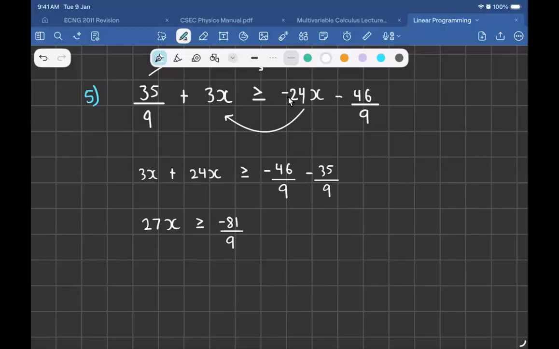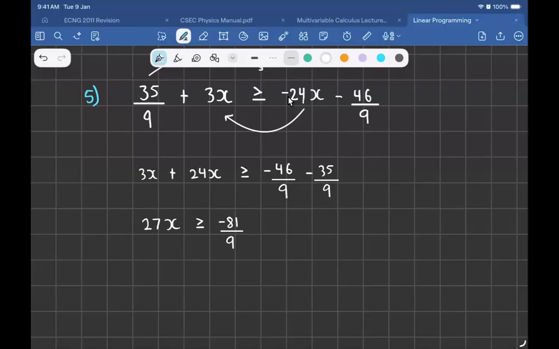And then you calculate what is minus 46 minus 35, and that'll be minus 81. And then you divide everything by 9.